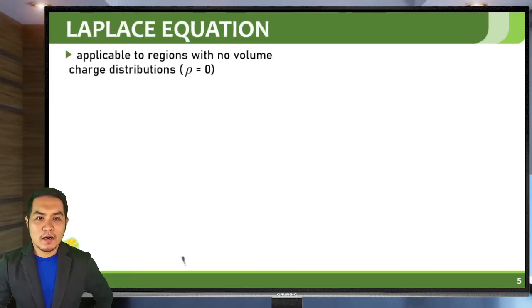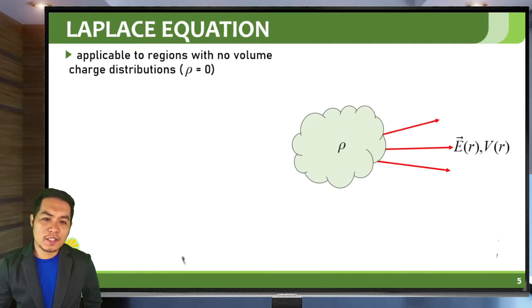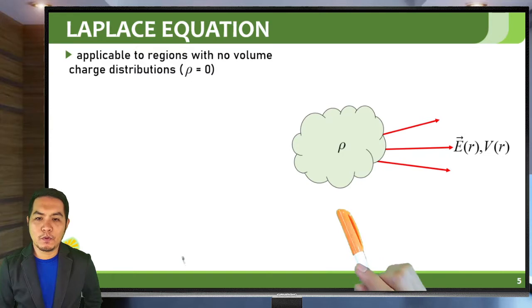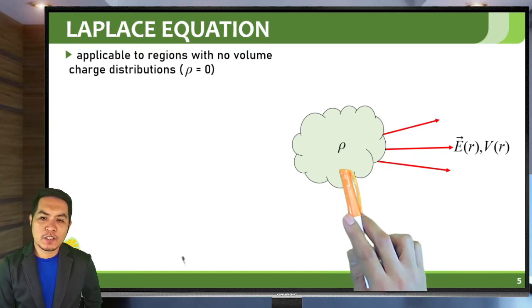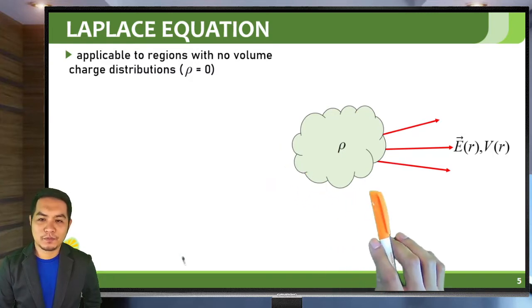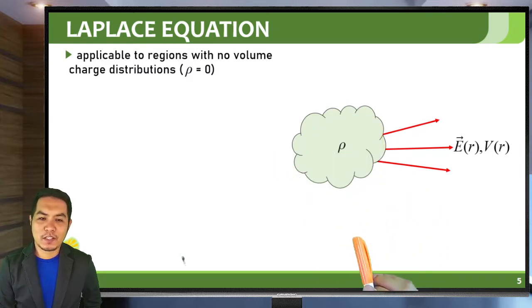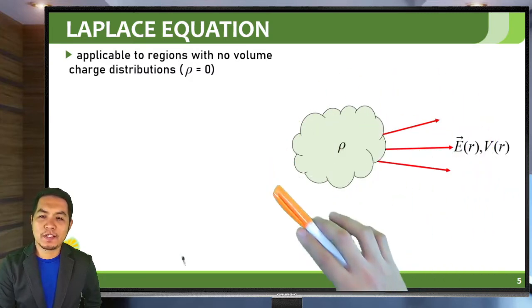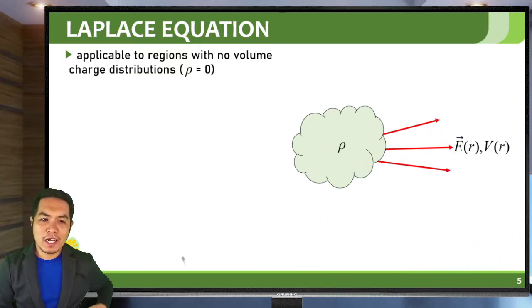As I've said earlier, the Laplace equation is applicable when your volume charge density rho is equal to 0, or if you have a region with no volume charge distribution. So for instance, you have this example. You have a volume charge distribution inside this cloud, and you have electric field and potential outside.